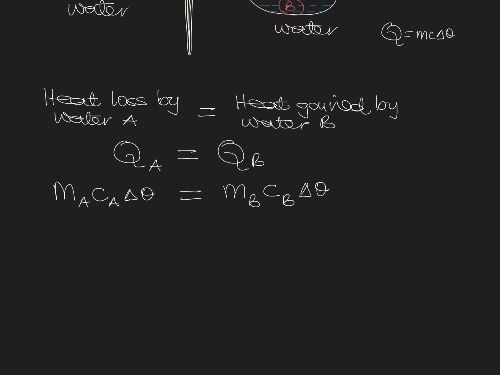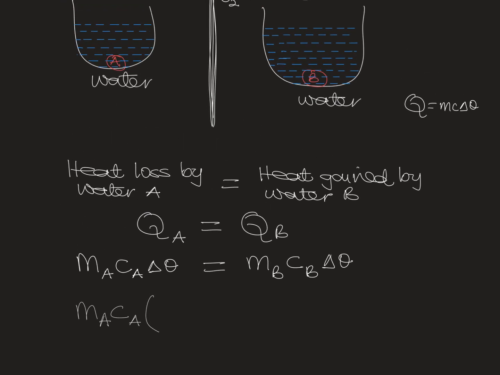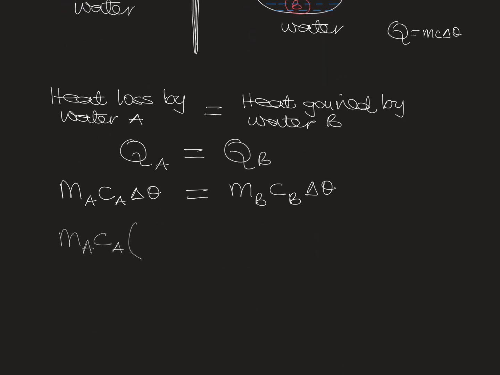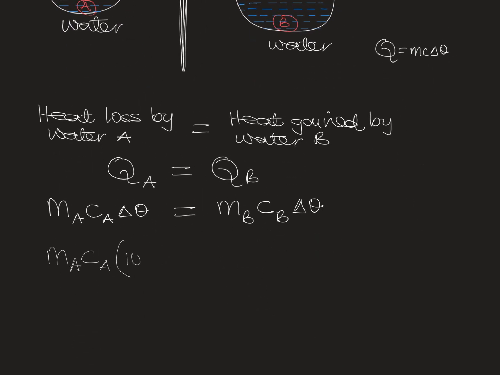If we emphasize the change in temperature, let's say mass of water A, specific heat capacity of water A, into, since the body is losing heat, that is from 100 degrees Celsius, the highest temperature, it will be 100 minus its final temperature, let's call it theta 2.